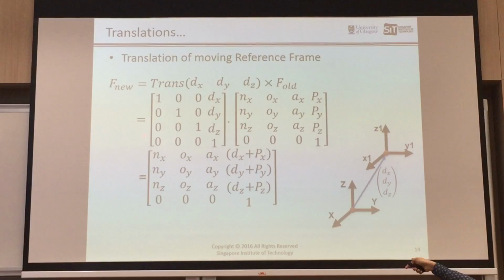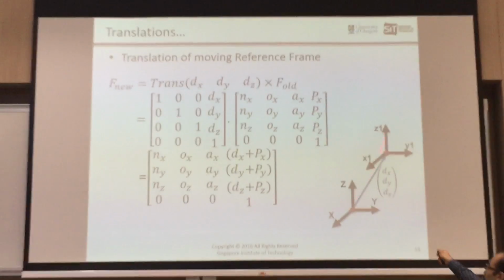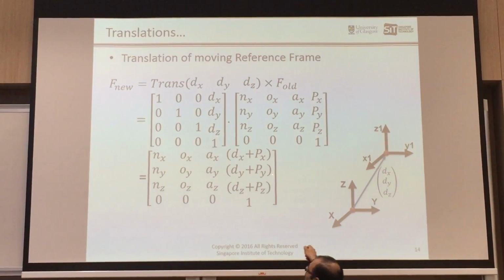This will be the identity matrix, and this will be the distance from the origin of the first frame to where the frame has moved to. Remember that this is from the original frame to the next frame. This original frame may not be the base frame. Maybe we have done some other movement before, but it's just the previous one to the next one. The distance is this. Don't mix this up.